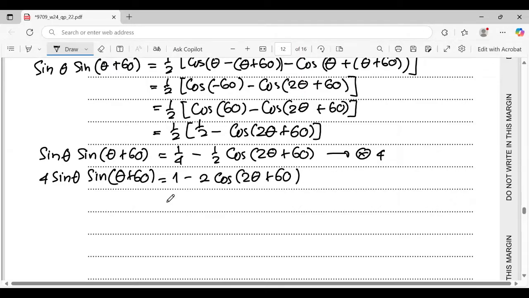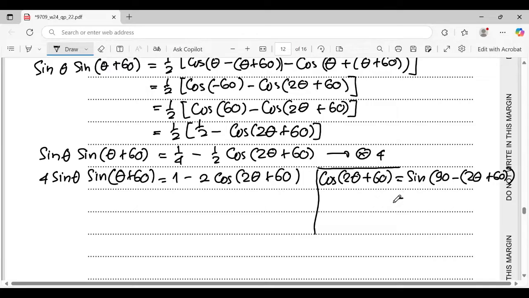And after that, I would like to change it based on the trigonometrical identity that cosine 2 theta plus 60 equals sine 90 minus 2 theta plus 60.